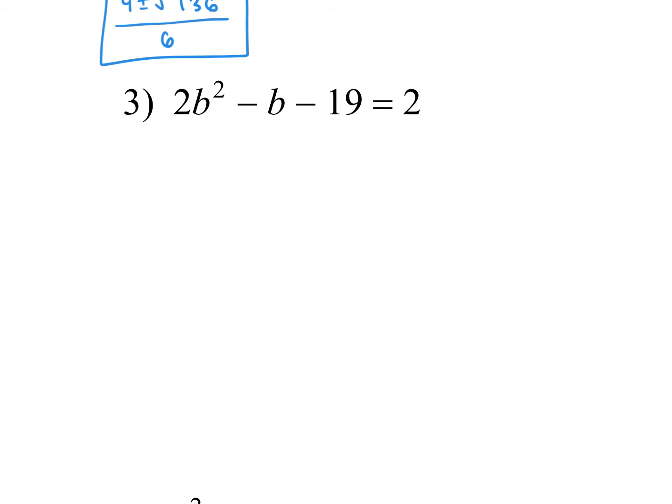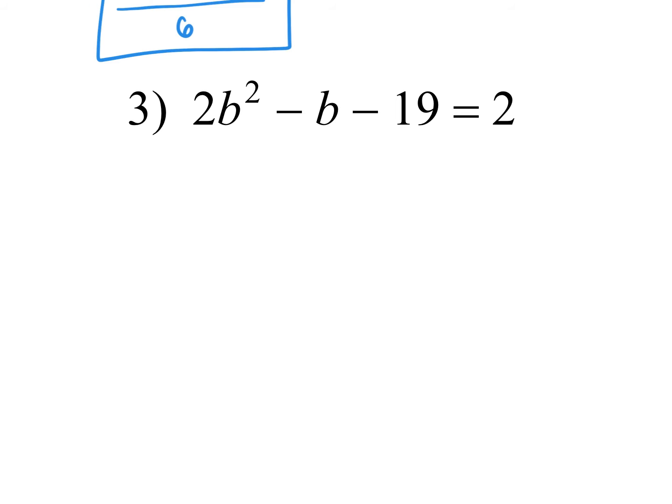So number 3, what should I do first? Bring the 2 over. So subtract 2. Where do I put the 2? Does 2 have any like terms on the left side? Yeah. I can combine negative 19 and negative 2.